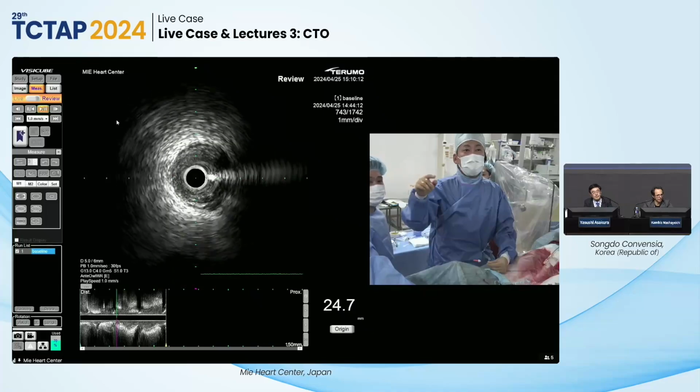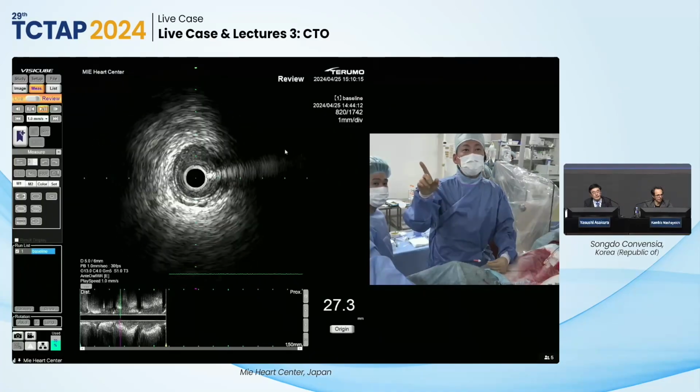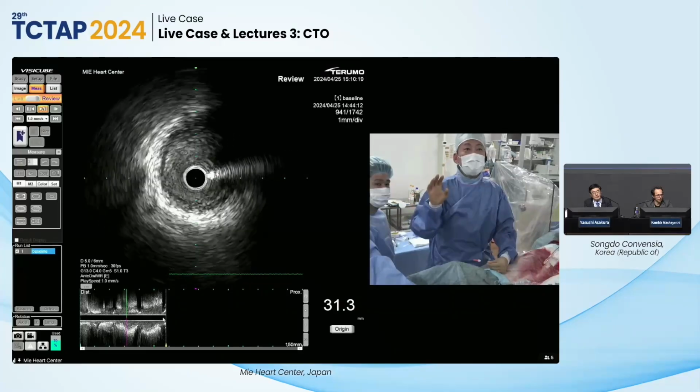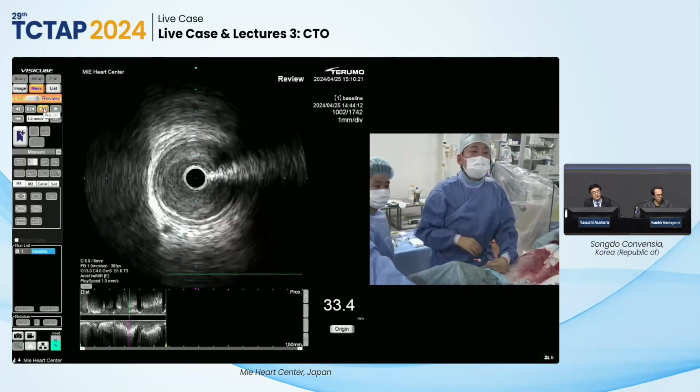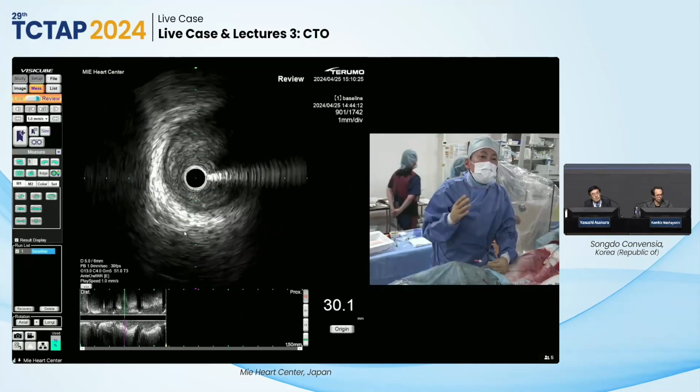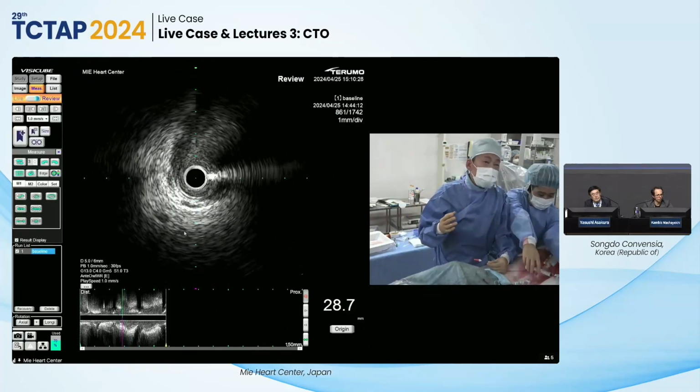Maybe at 2 o'clock, you can see the LAD. But I think there are some stumps. And also, the CTO does not begin just distal to the diagonal. That means it's not a no-stump CTO.